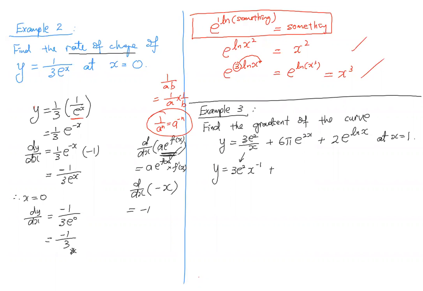No need to change. Yes, you are right. It's the simple exponential term already. How about the third one? e to the power ln x, the answer is x. So now, am I ready to differentiate? Yes, I'm ready to differentiate. Okay, thank you, Nicholas.